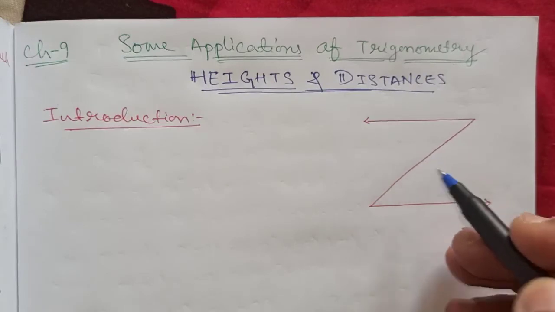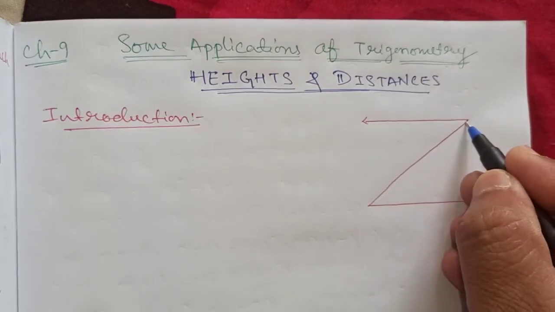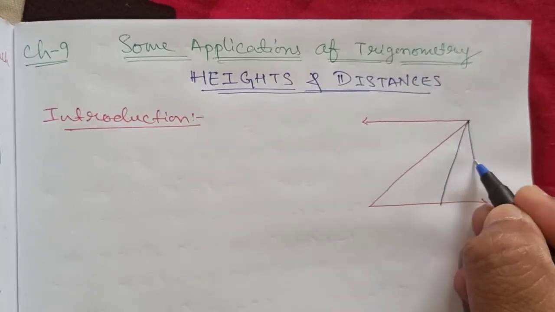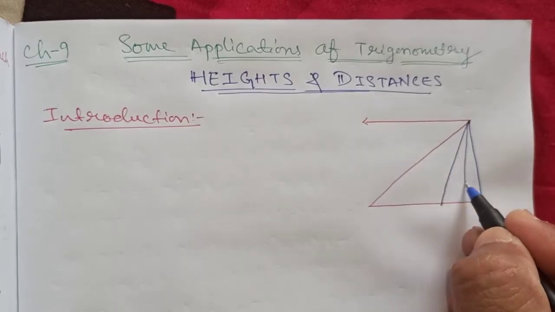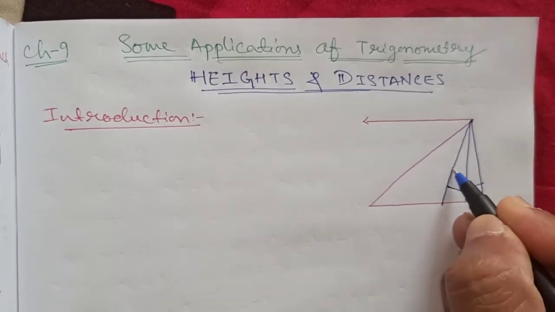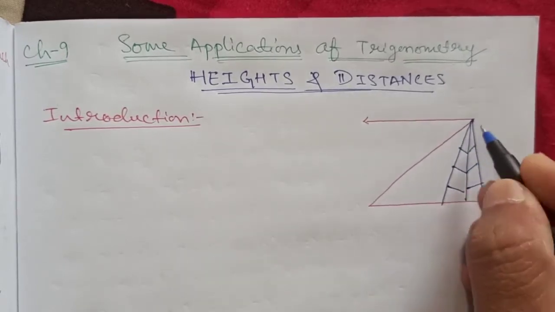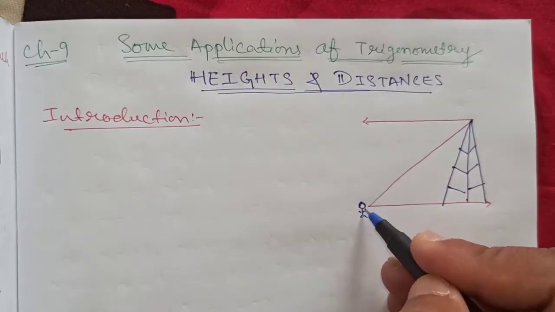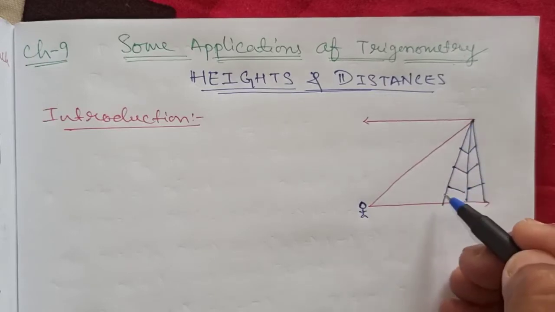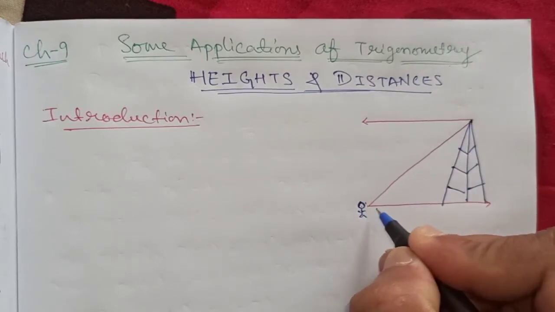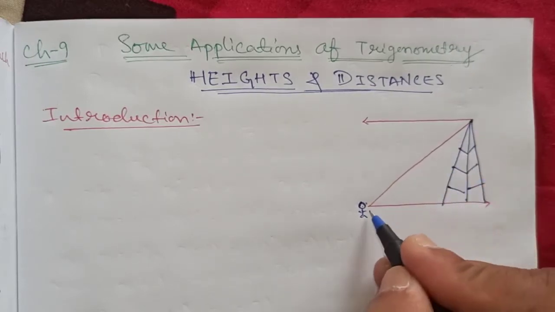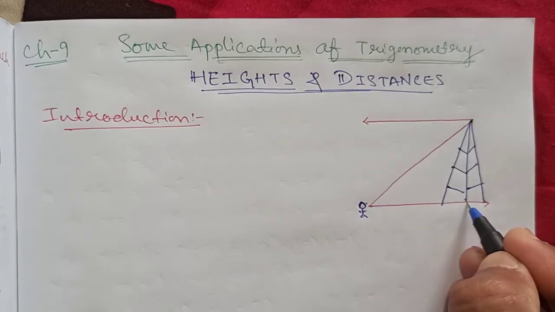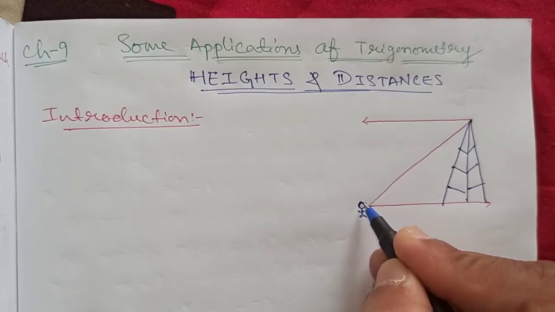There is a diagram I have drawn. Think that there is a tower here, and suppose one person is standing here and observing the height of the tower. This is the distance between the tower and that person, the boy.